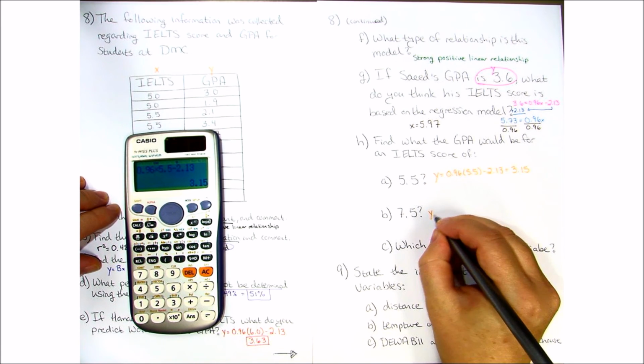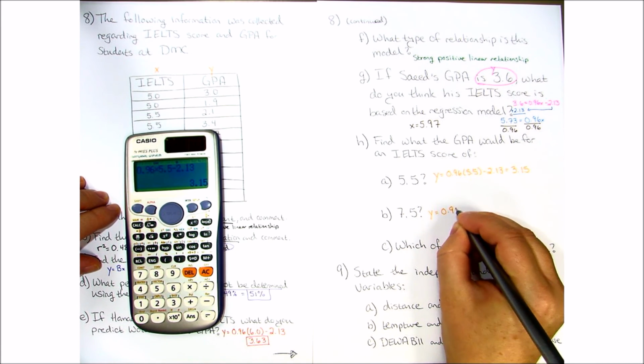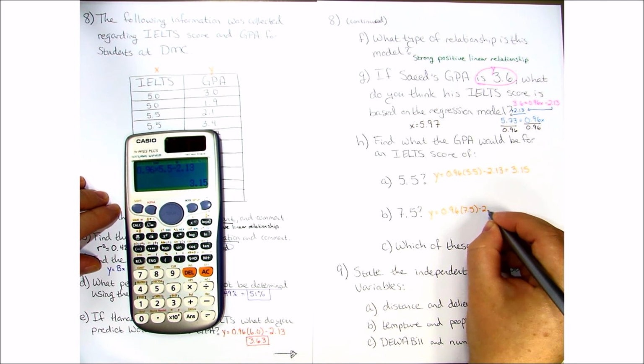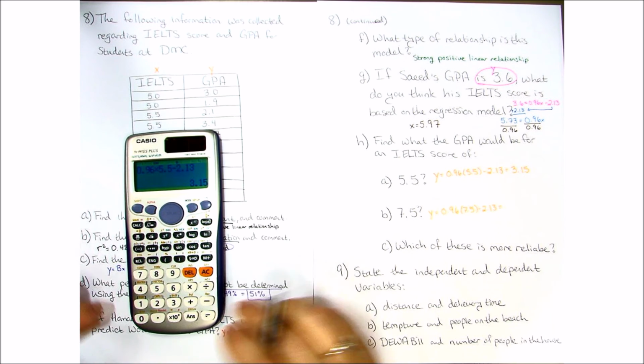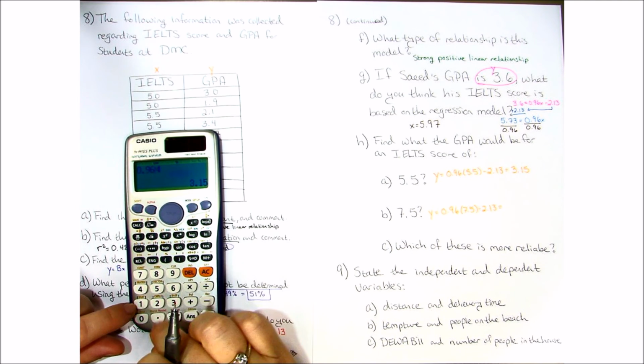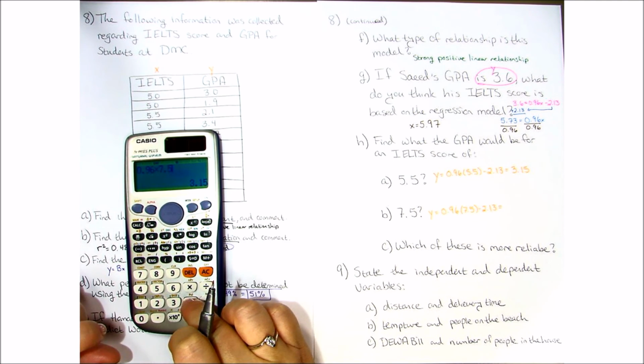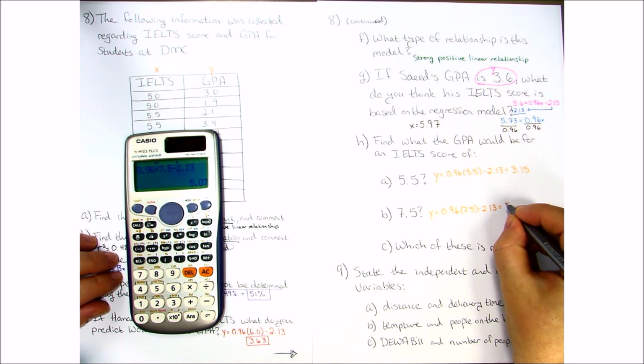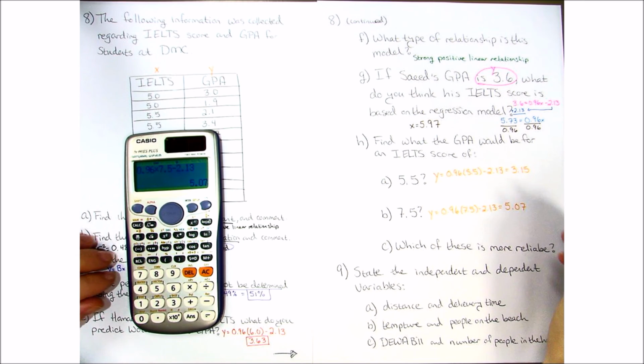Now the next one, 0.96 times 7.5 minus 2.13 gives us a GPA of 5.07.